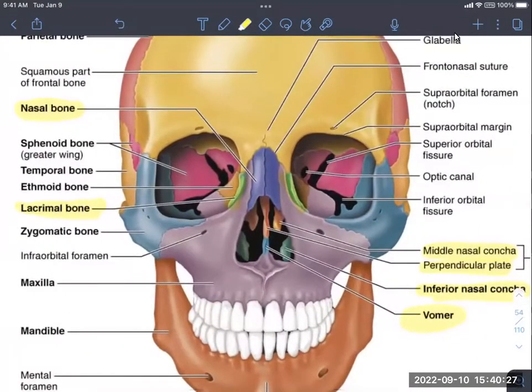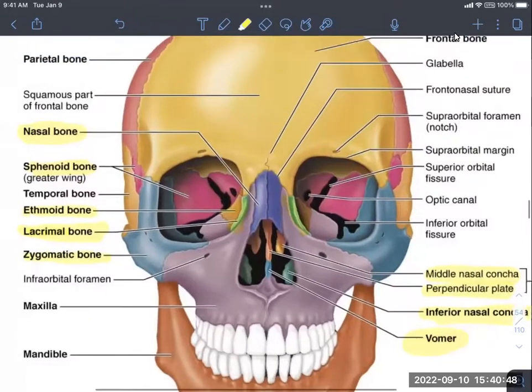So as we've said, the sphenoid bone, we can see the greater wings of that sphenoid bone that makes up the eye. We have that lacrimal bone we've looked at. We have that ethmoid bone. We have that zygomatic bone that makes up part of the eye.